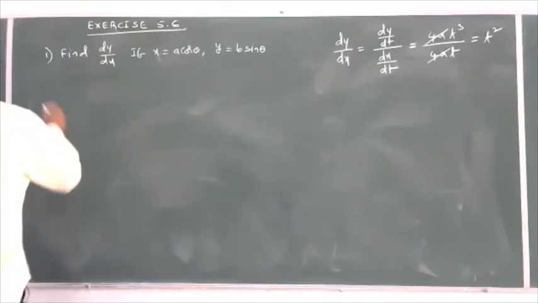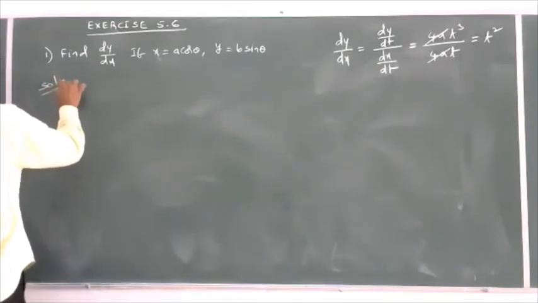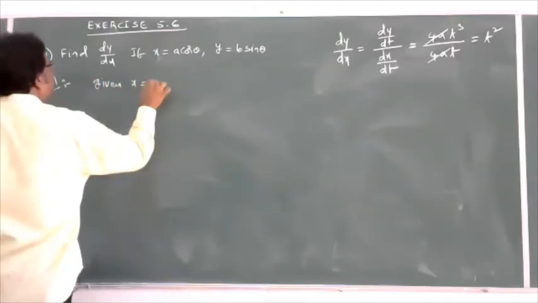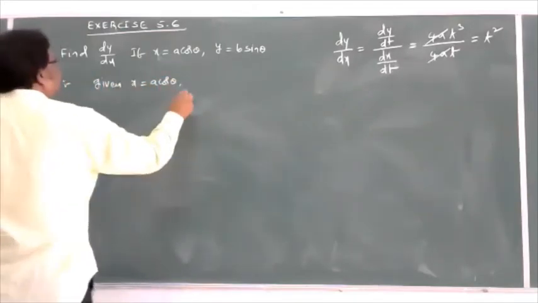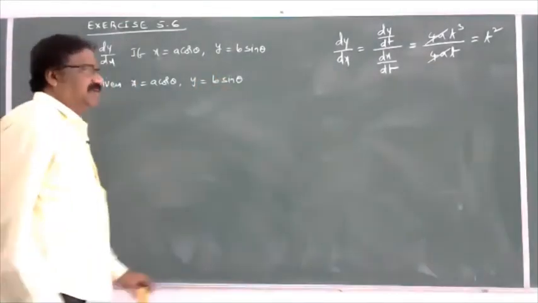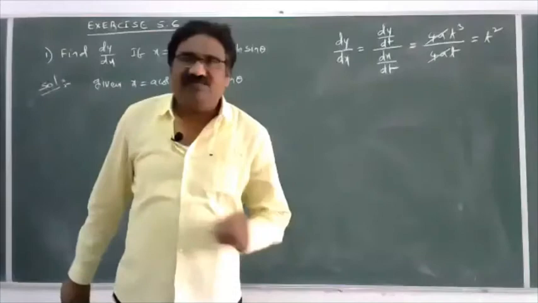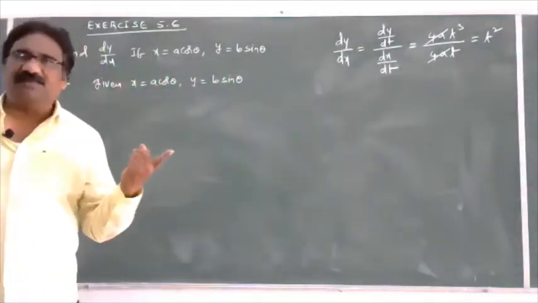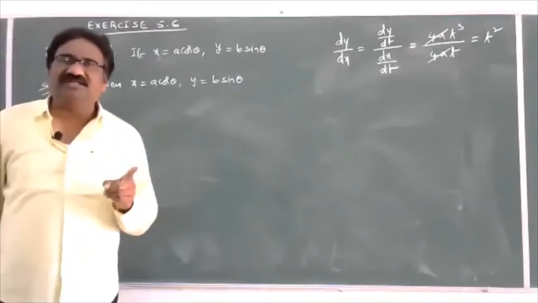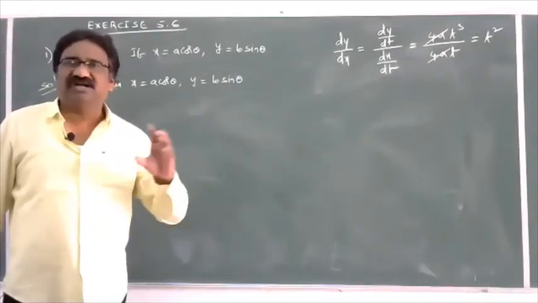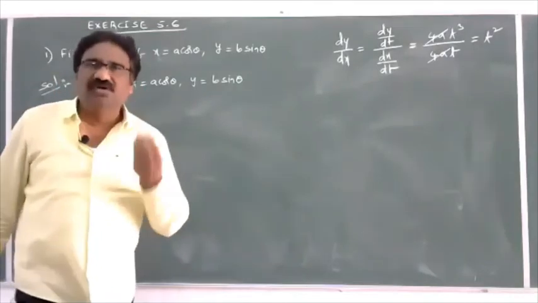Given x is equal to a cos theta, y is equal to b sin theta. Here theta is the parameter. That's why we do differentiation on both sides with respect to theta. In the previous problem, the parameter was t, so we differentiated with respect to t. Here the parameter is theta, so we differentiate with respect to theta.